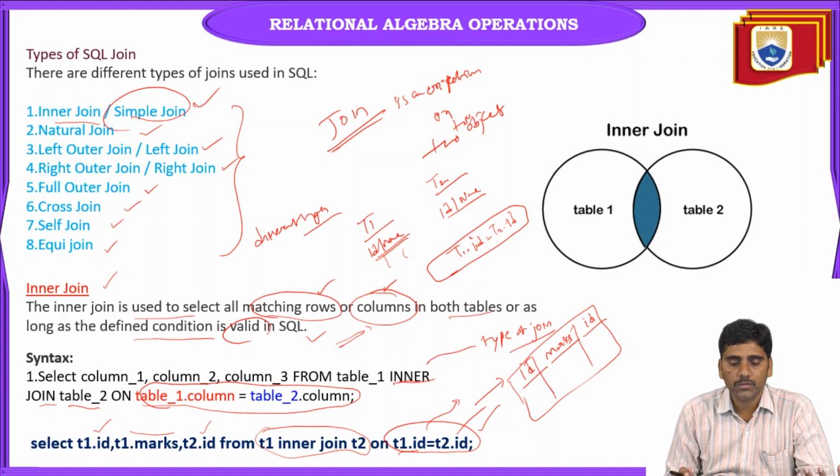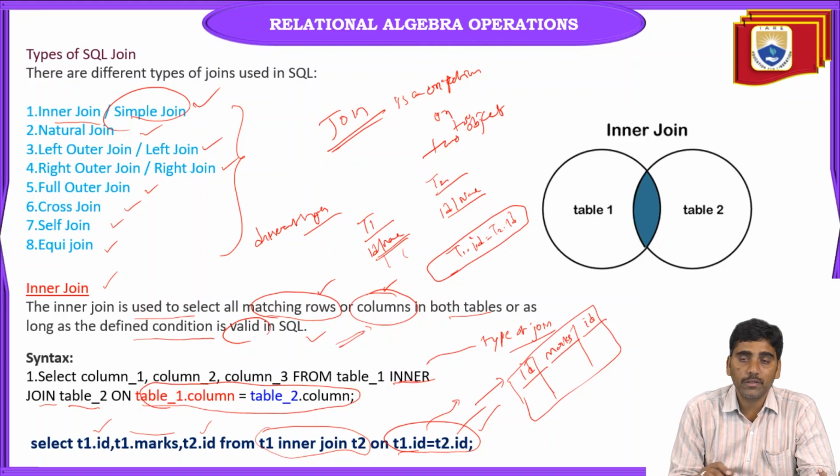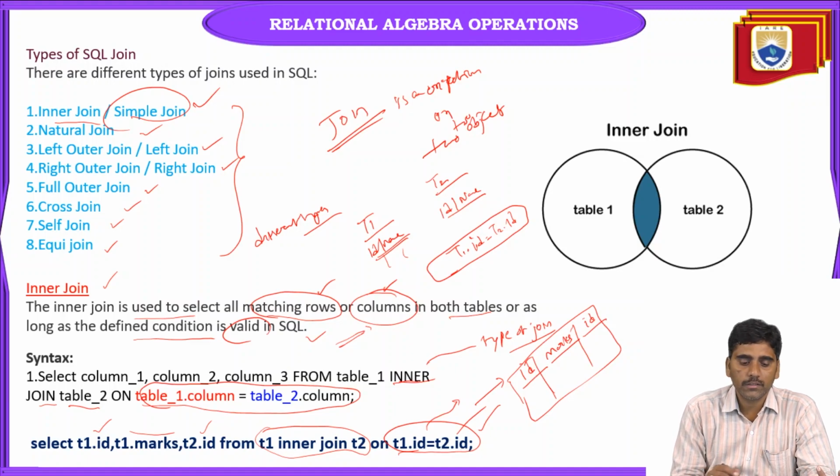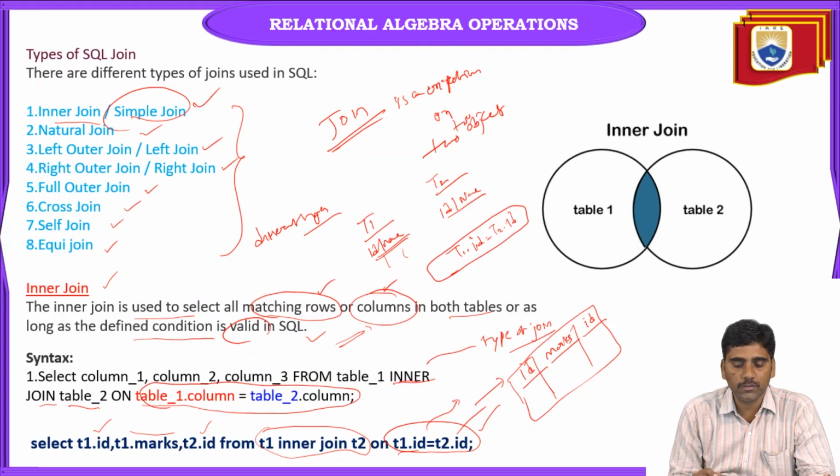One is inner join or simple join. The second is natural join. The third is left outer join or left join. The fourth is right outer join or right join. The fifth is full outer join. The sixth is cross join, and then the self join and the equi join.